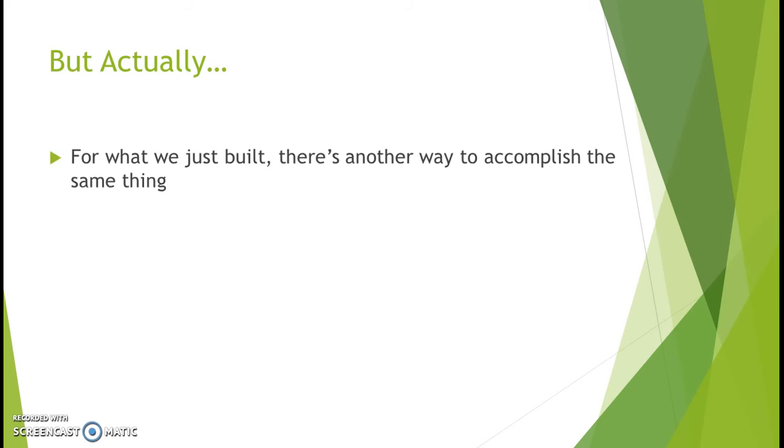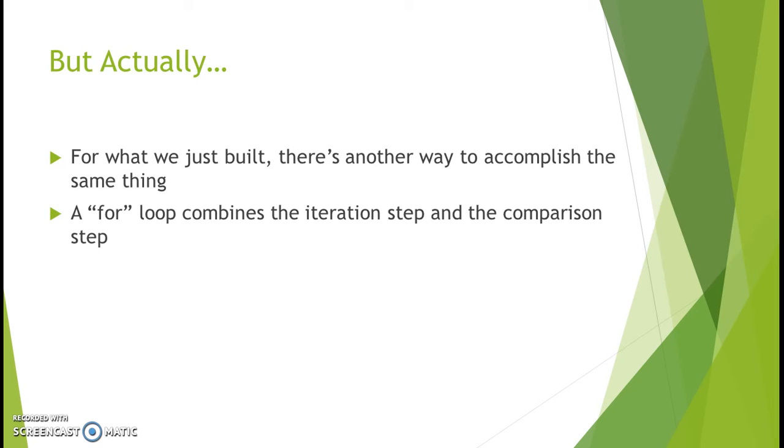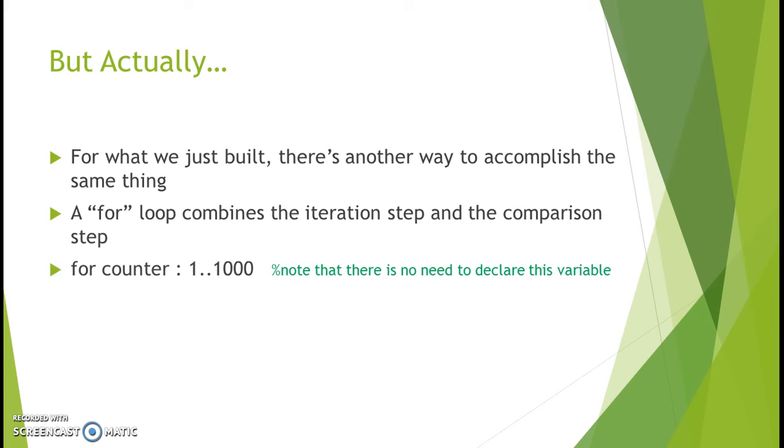Okay, so you've learned a useful skill, I think, but there is another way to accomplish the same thing. So we have something called a for loop that combines the iteration step that we had there and the comparison step.